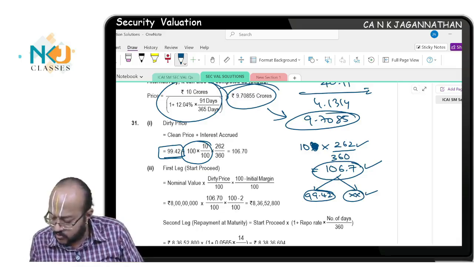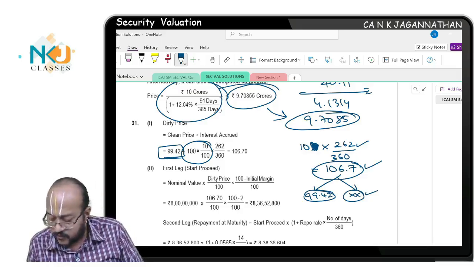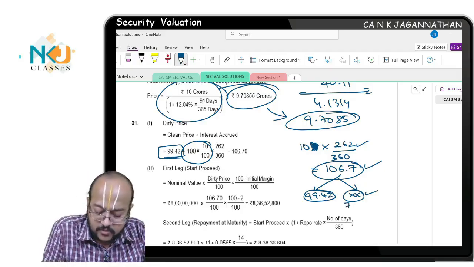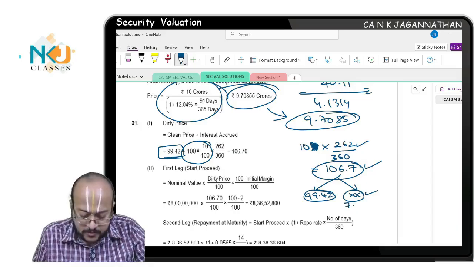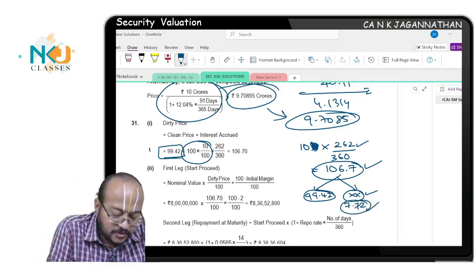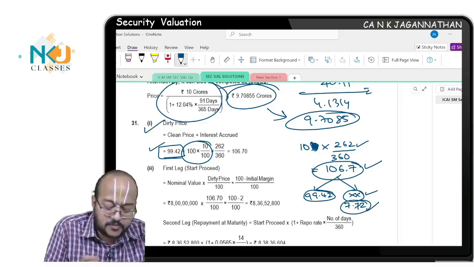This 7.27 plus 99.42 is roughly 106.7. Are you all understanding? This is the accrued interest portion. So dirty price is nothing but clean price plus accrued interest portion.